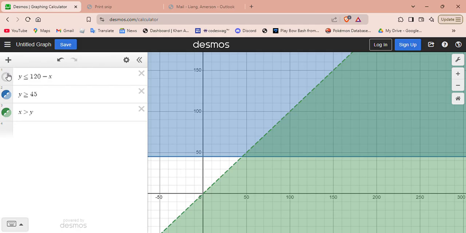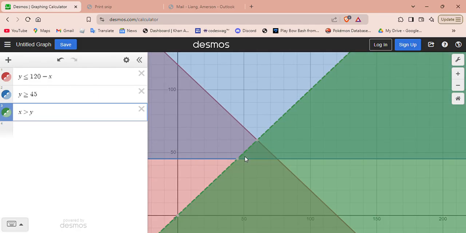Anyway, to go further on the feasible region: the feasible region is where all of the graphs overlap, with all of their shading overlapping as well. On our graph, this is the feasible region, because this is where they all overlap.